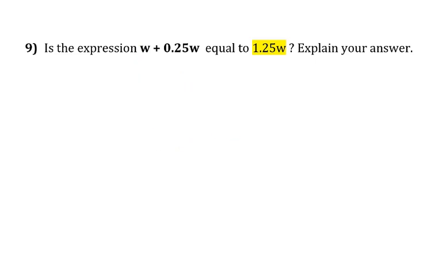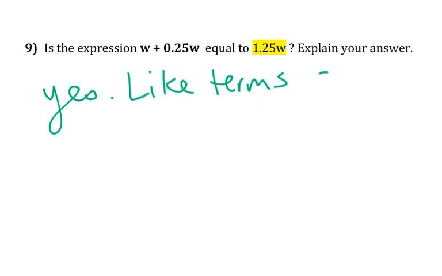Think about it like this. If you have $1 plus $0.25, you have $1.25. And so that's what we're doing here. So you can say yes, and you can say like terms, so we can add. Okay, so it's because of like terms that you can do that.